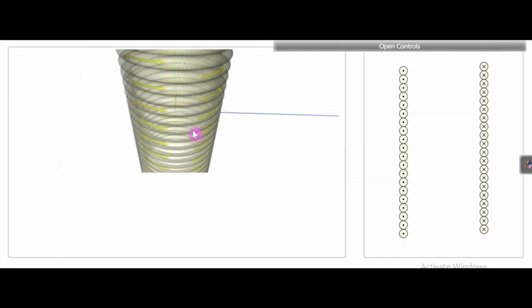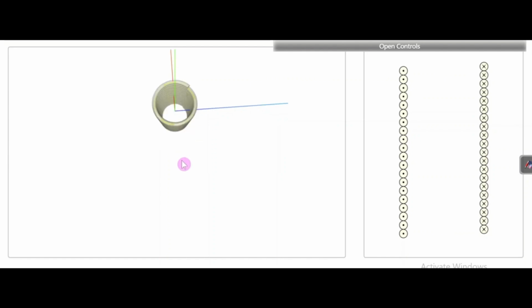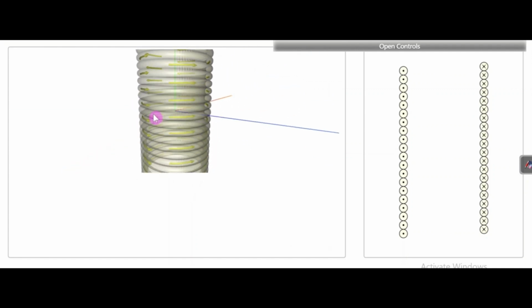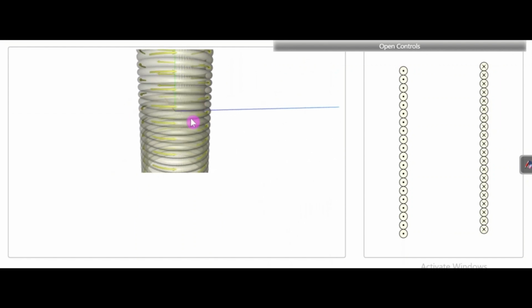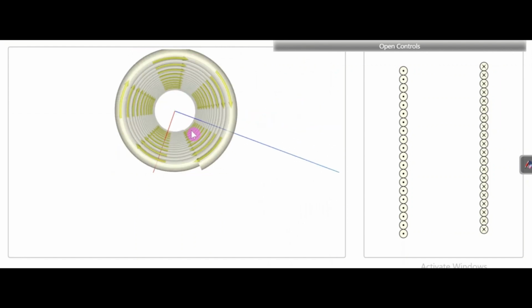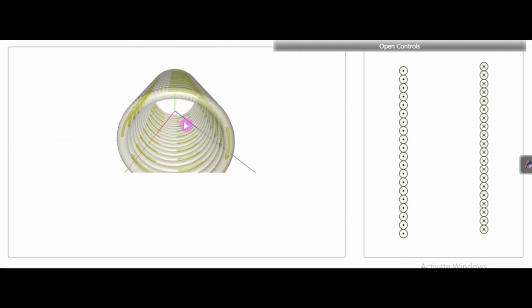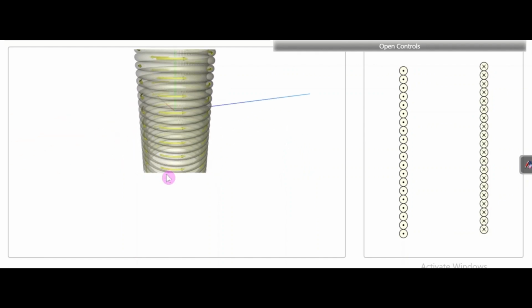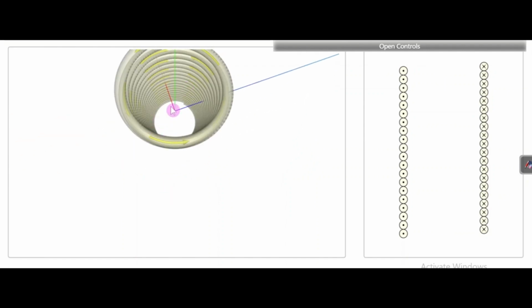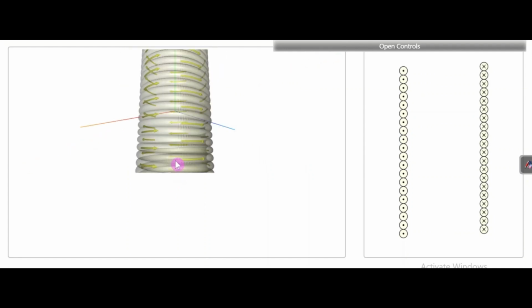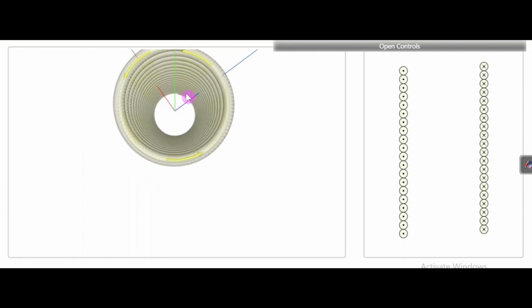As we know, if current is flowing in a conductor, it will produce a magnetic field around itself. So here this conductor will produce the magnetic field around itself, and that magnetic field will be arranged in such a way that it will be added up inside this solenoid, due to which parallel magnetic field lines will be formed inside this solenoid, and one side of this solenoid will be the south and the other side will be the north.